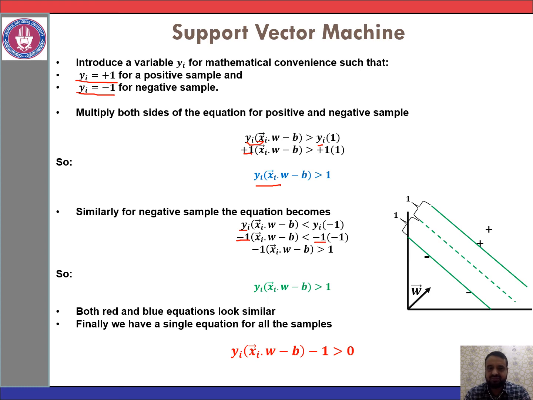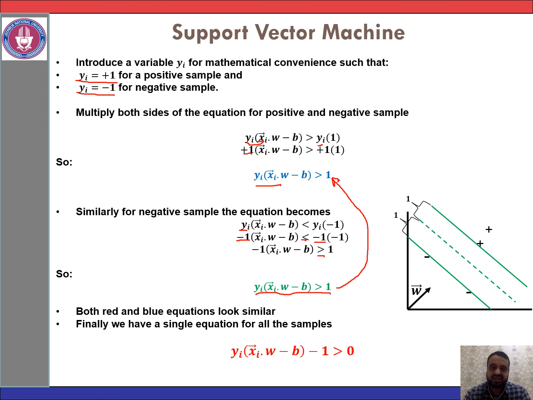When we multiply by a negative, the sign of the inequality changes, so it is less than becomes greater than 1. This is the final equation for the negative sample after multiplying by yi. So here we can see that by introducing the new variable yi, the equations for positive and negative samples become equal to each other.